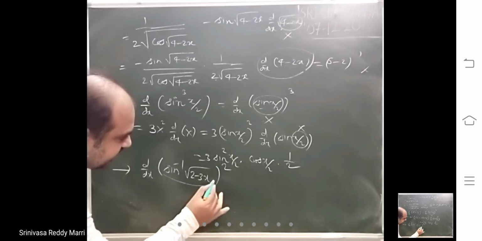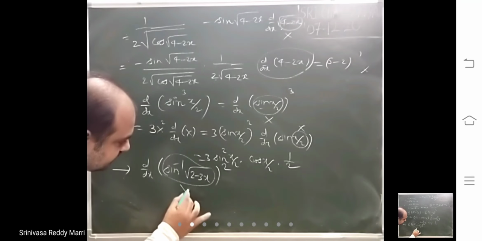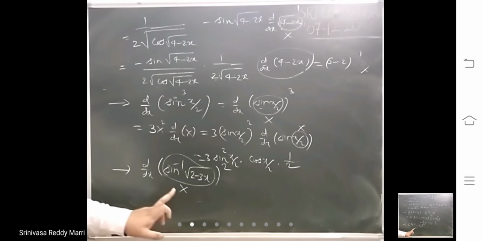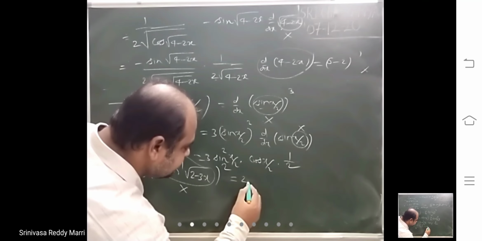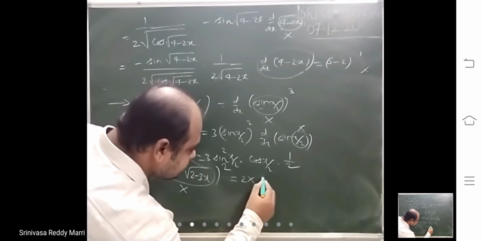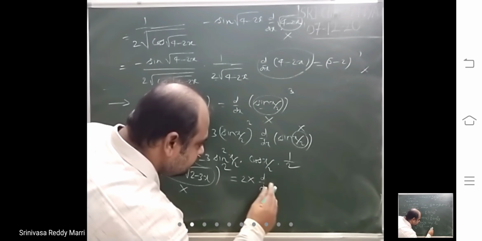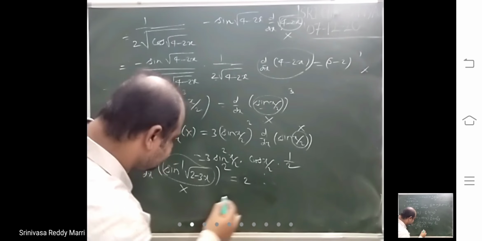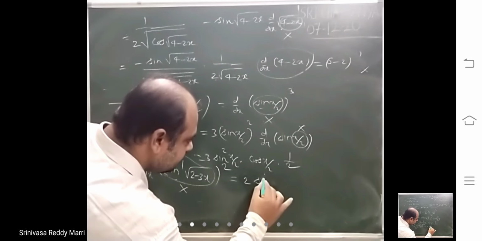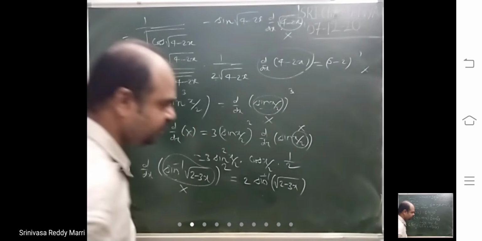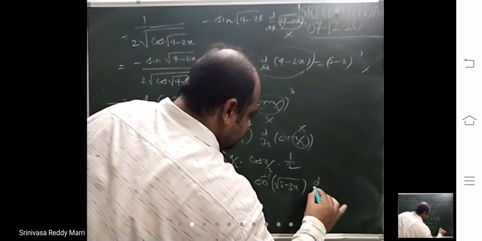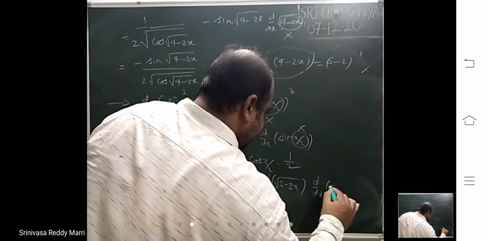That means this sine inverse function is there, capital X. So what is this? d by dx of capital X whole square. That means x power n 2x into, I am directly writing, look at 2x means what? 2 into x into d by dx of x.